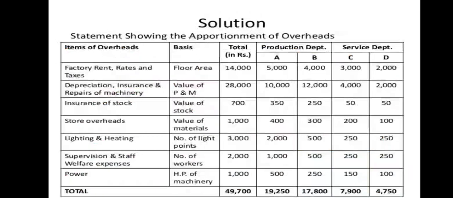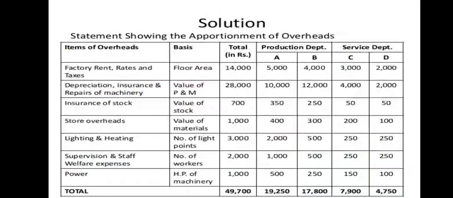See students, one thing we need to remember: when an item of overheads is given, definitely we need to remember the basis of apportionment. Factory rent, rates and taxes, if given in the problem, are based on floor area. Depreciation, insurance and repairs on machines, machine value. Stock, if it is insured, based on the value of stock insured.